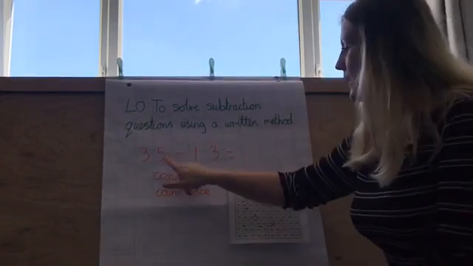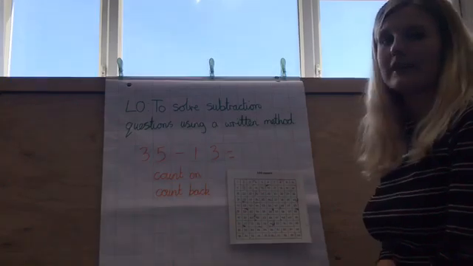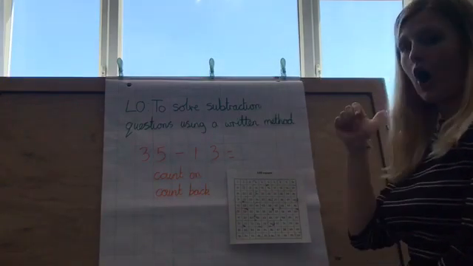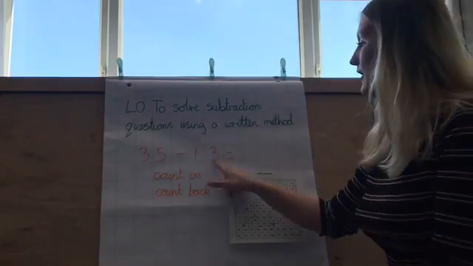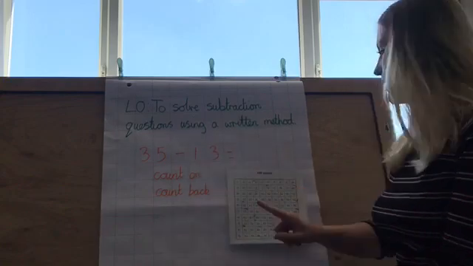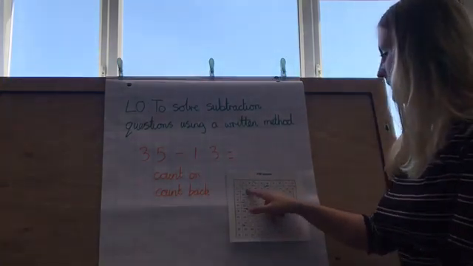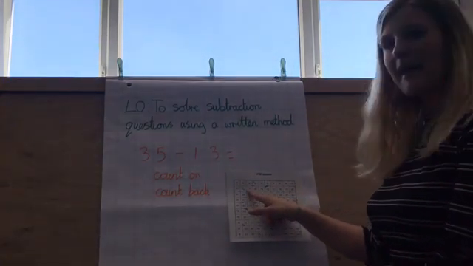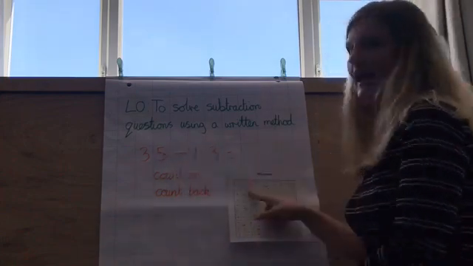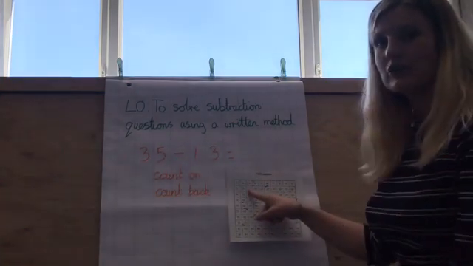So, we're going to start with the count on method. Now, if we're counting on, we need to start with this number here. So I'm going to start at 13 and I'm going to count how many it takes me to get to 35. I'd like you guys to count with me.